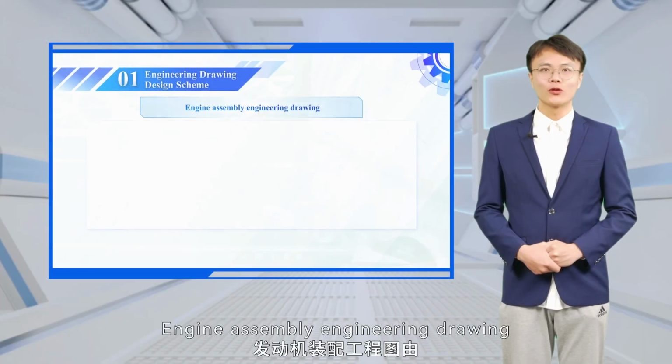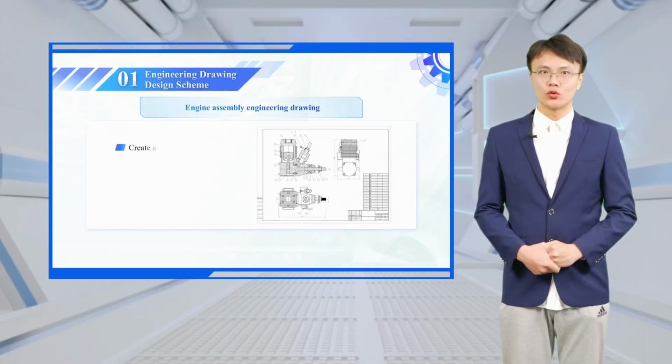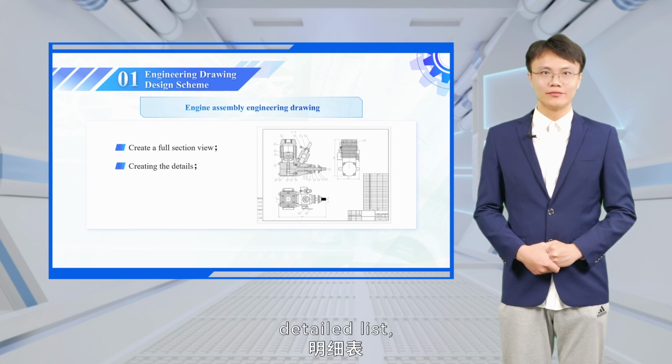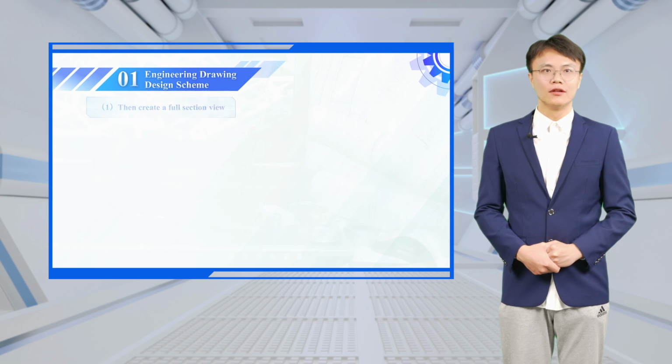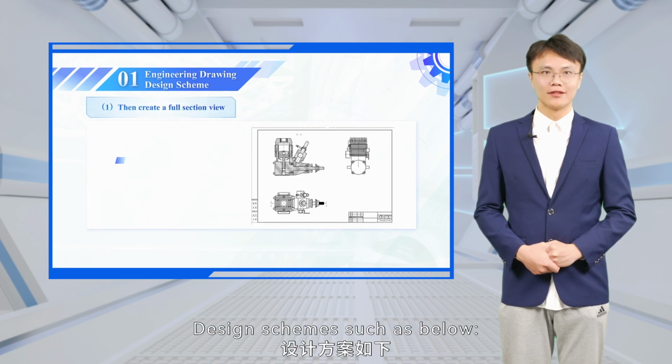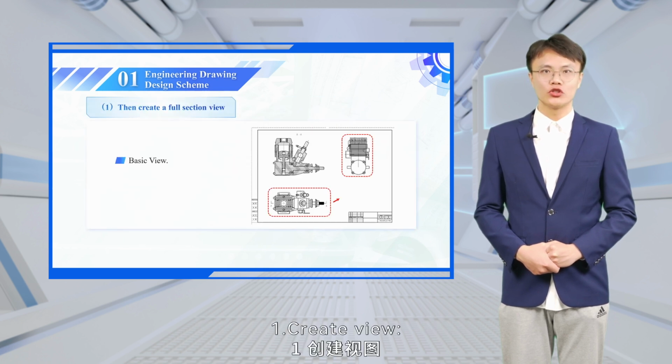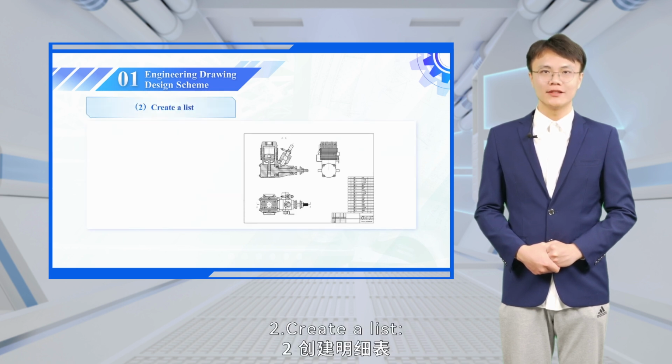Engine assembly engineering drawing consists of view, detailed list, symbols, and assembly dimensions. Design schemes such as below. 1. Create view. Create a section view and a basic view. 2. Create a list.